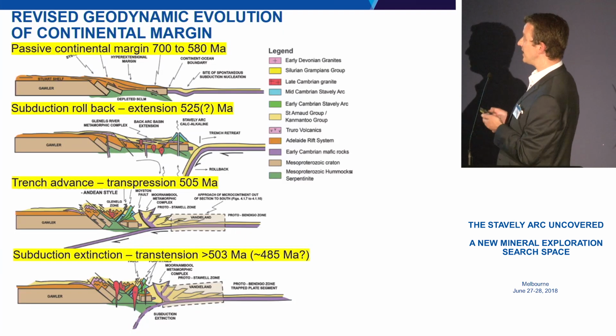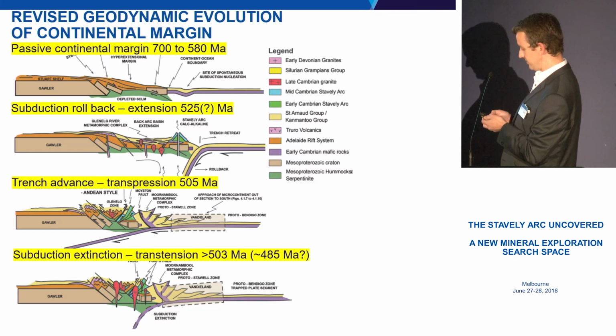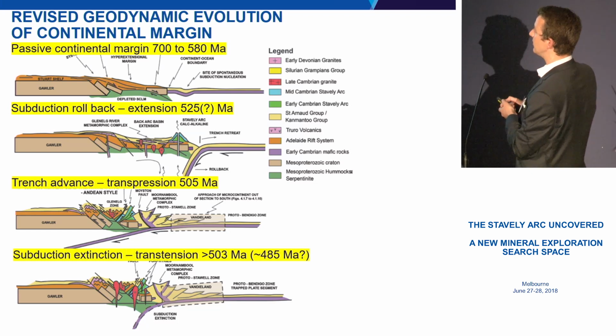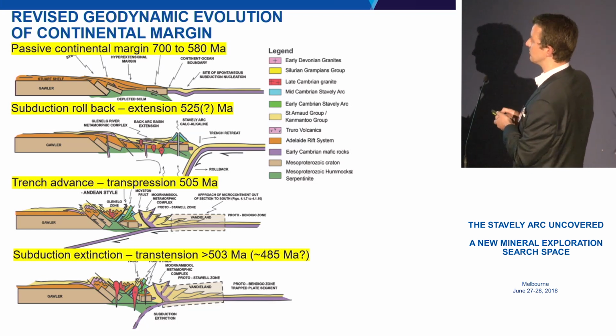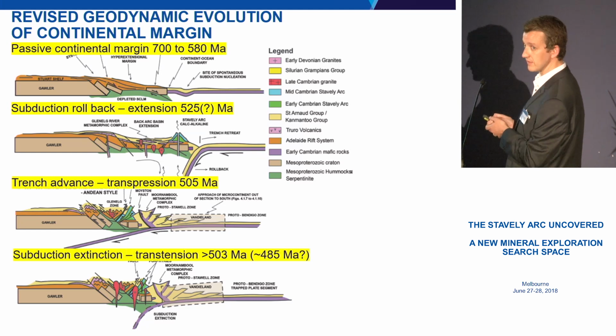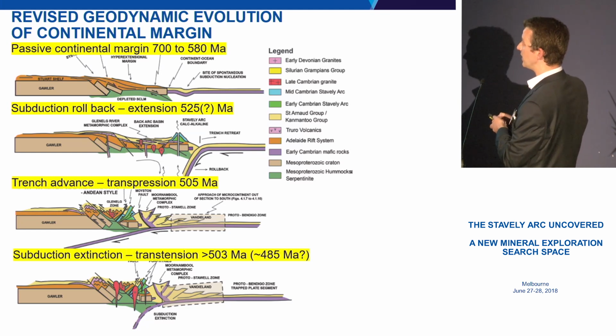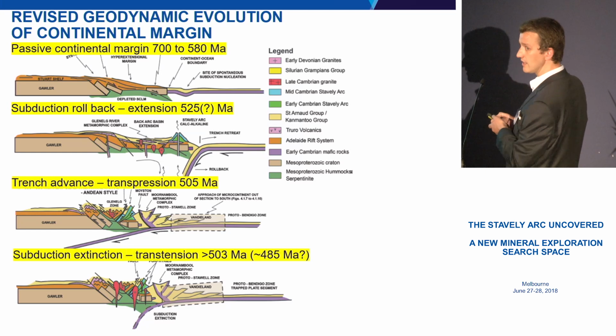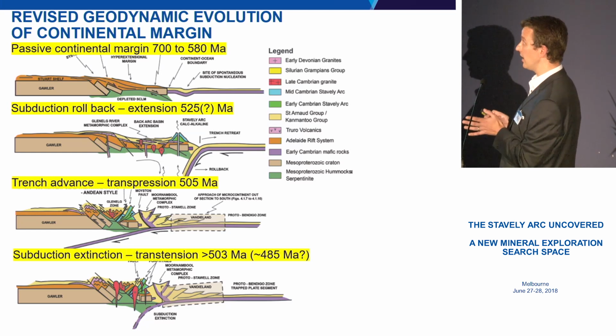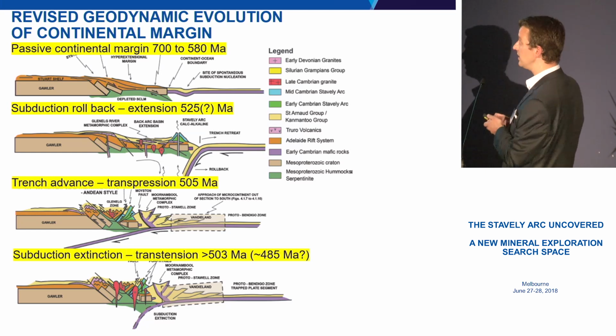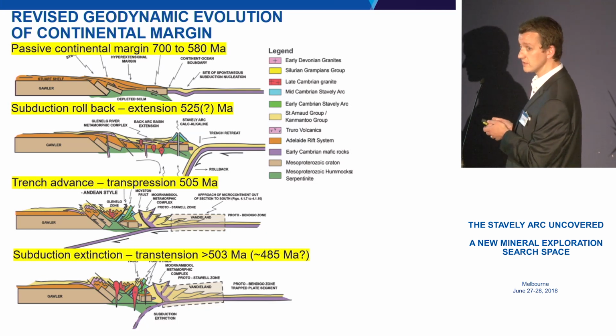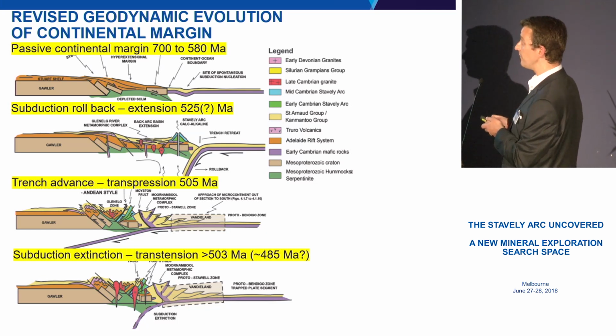So we're all pretty comfortable now with the revised geodynamic setting of the Stavely Arc. It transformed from the passive continental margin on the eastern edge of Gondwanaland, and that occurred between 700 and 580. We had subduction initiation that may have started as old as 525 MA. At least we've got constraints on rocks in the back arc position.